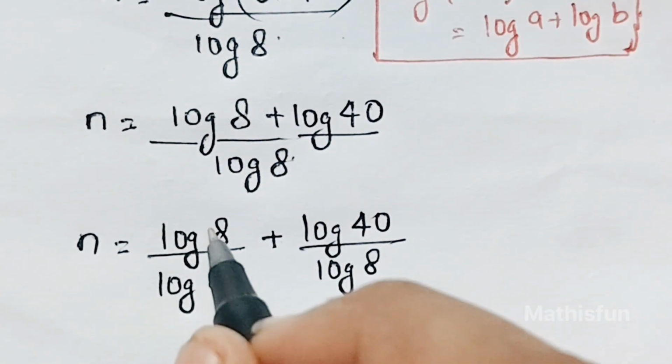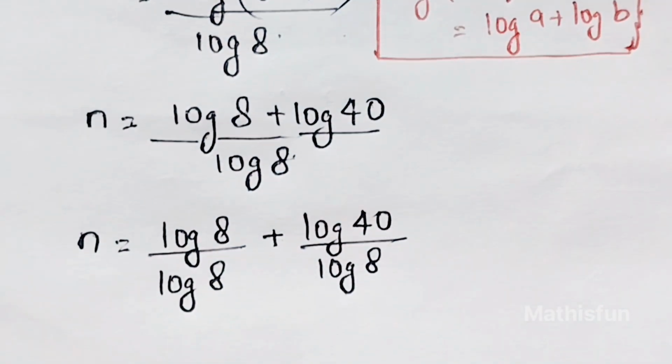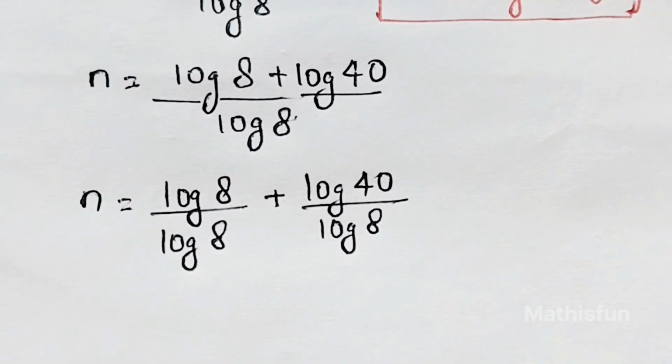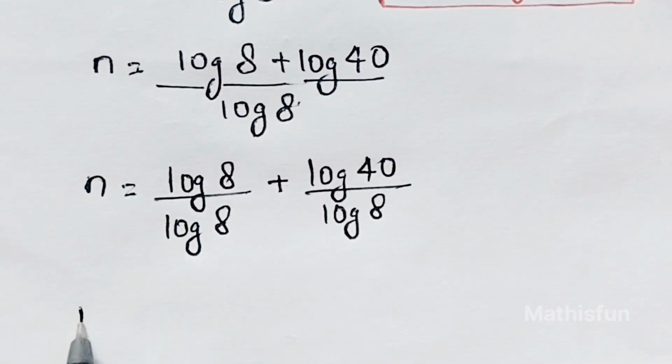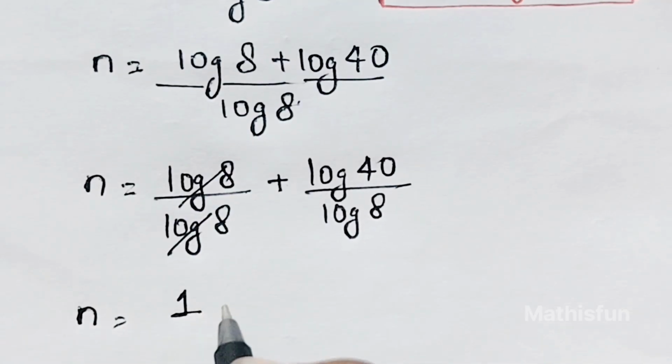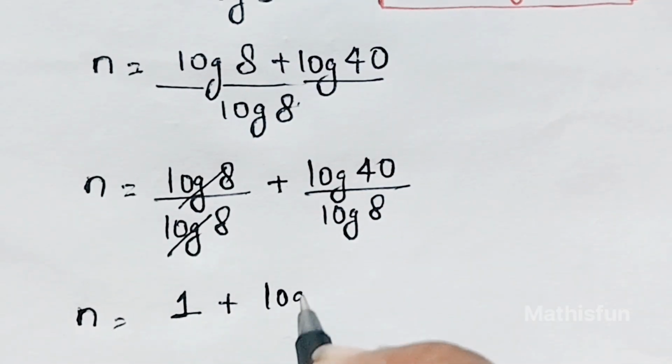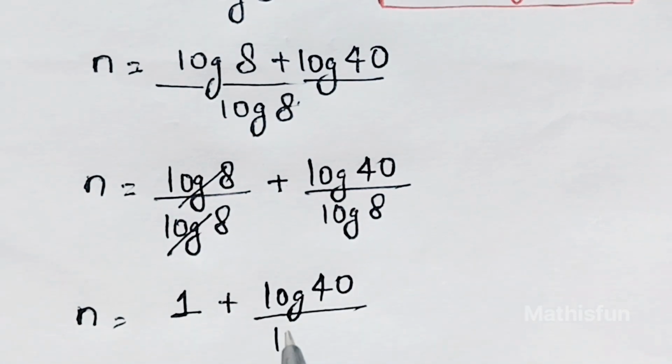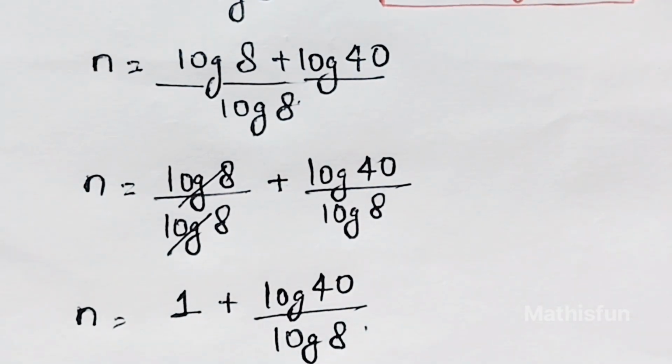We will separate both by log 8 and log 8. Now from this we got log 8 over log 8 is equal to 1 plus log 40 over log 8.